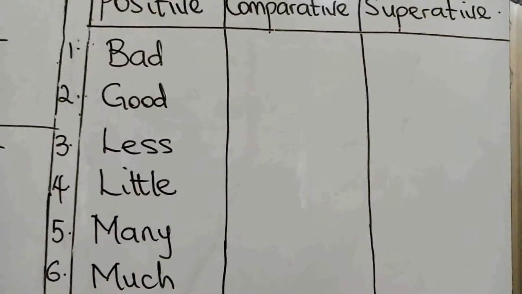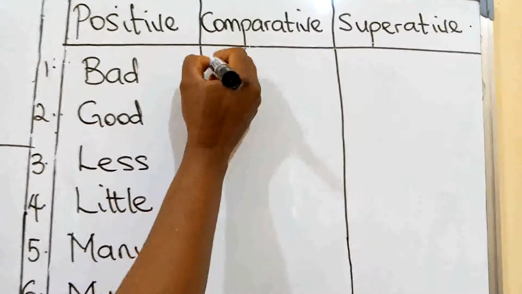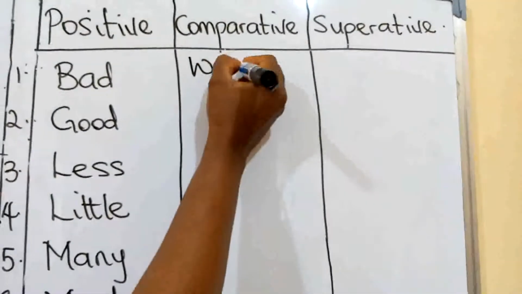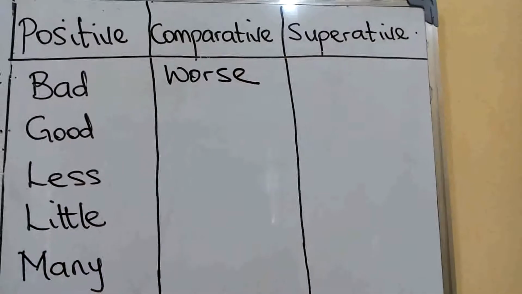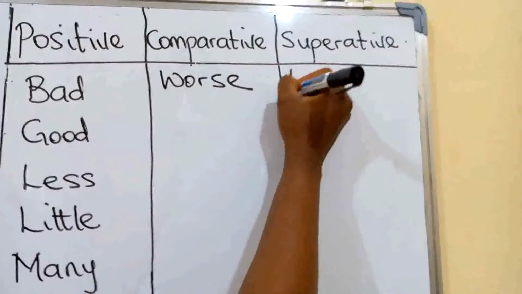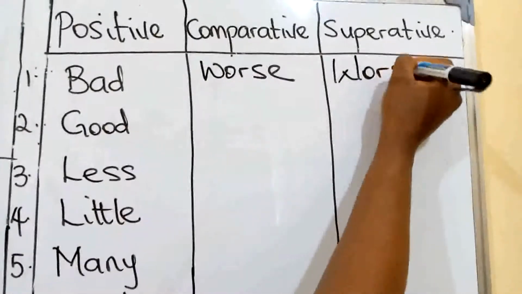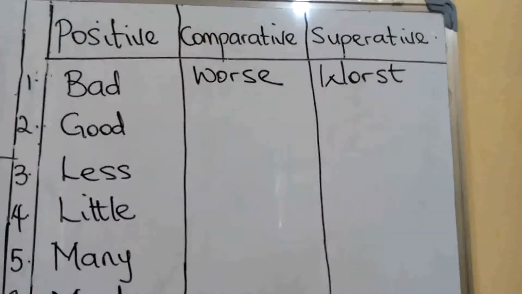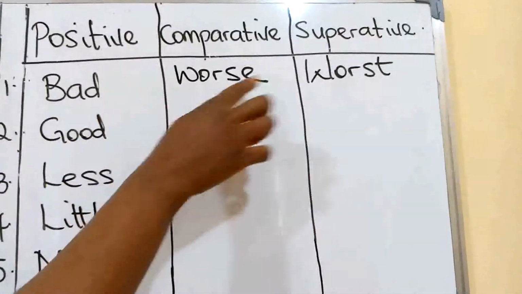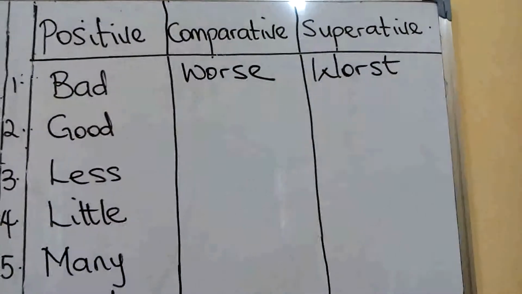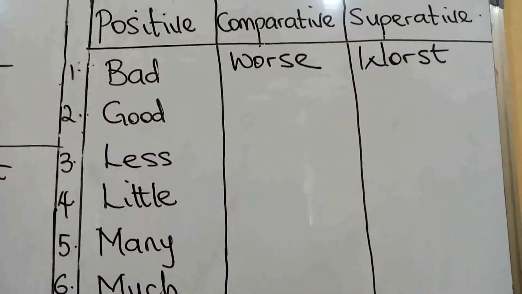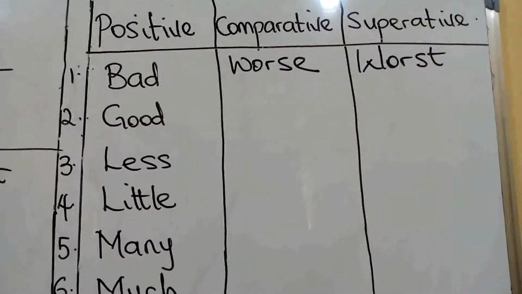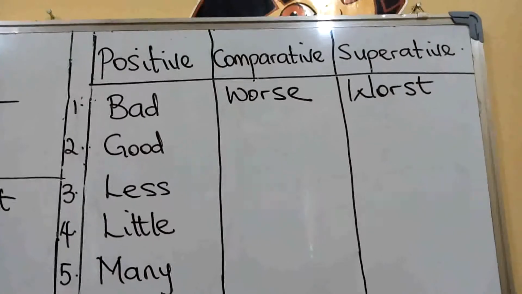Worse. Worst. Bad, worse, worst. As we proceed further, maybe in the next lesson, we'll use them to make sentences so you know more about what we are talking about.